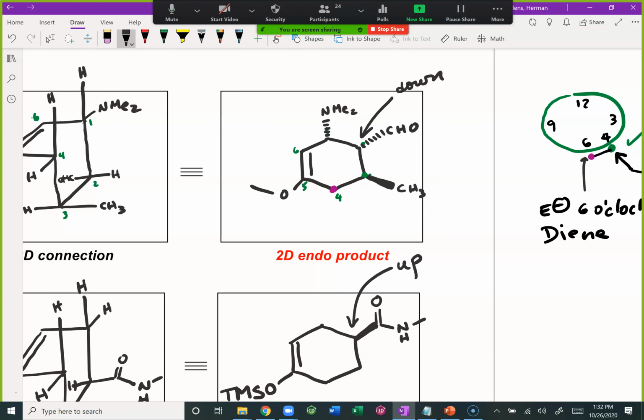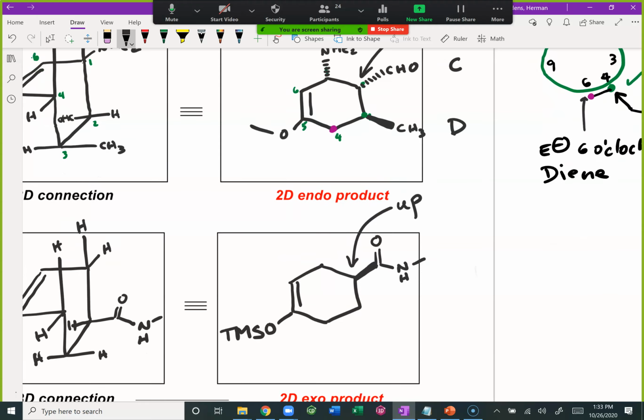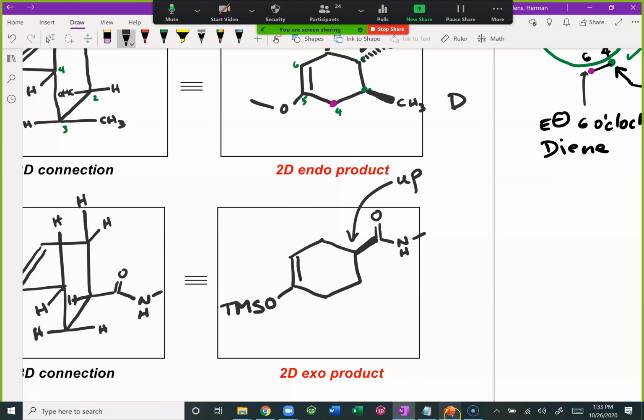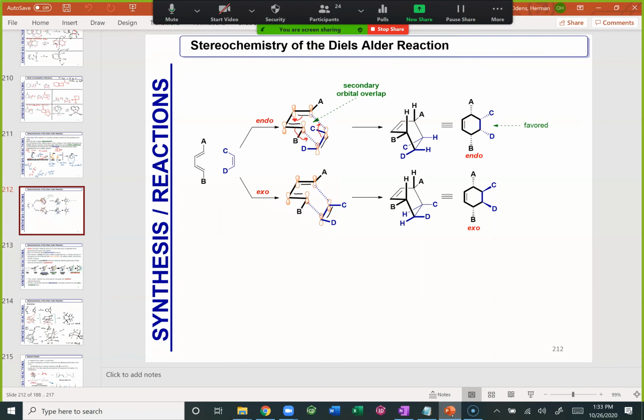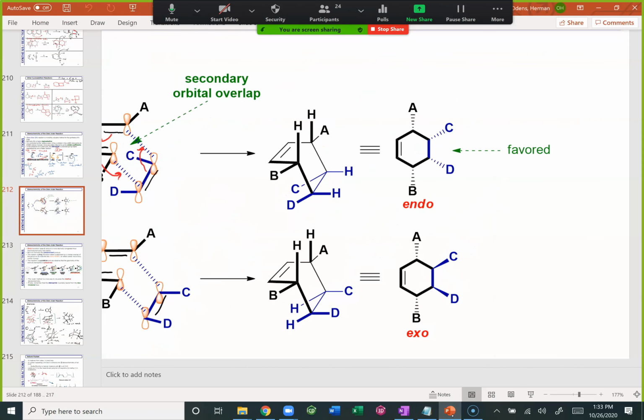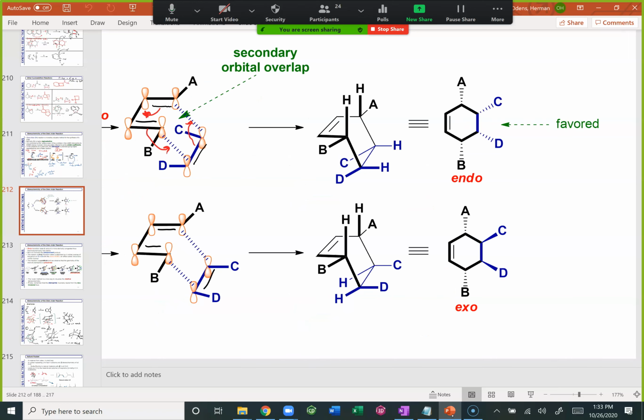So the difference will be, say this was group C and D. Remember this was group C and D from our PowerPoint slides. Notice this. This is why it's not good to memorize these molecules, because here it is.